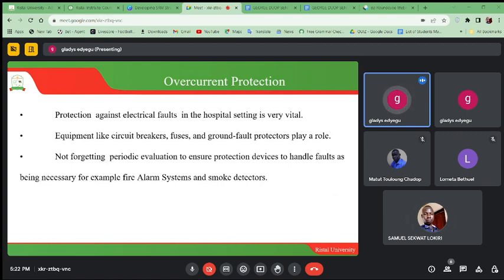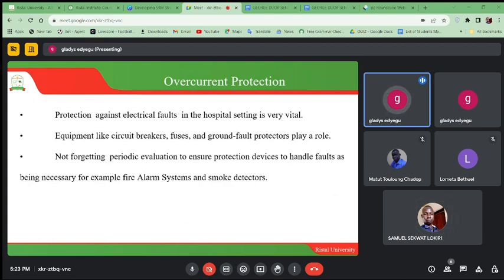Then equipment like circuit breakers, fuses, and ground fault protectors also play a very big role. We need to have this equipment so that it can help us in controlling the flow of power and avoiding short circuits.